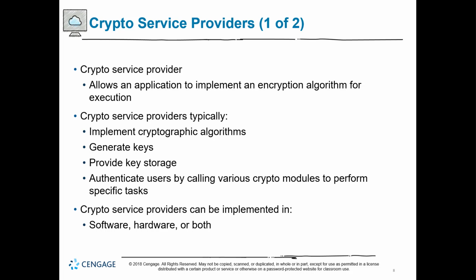They will help generate the keys, provide key storage and distribution, and authenticate users by calling various crypto modules to perform specific tasks. Again, this is all generated through the algorithm and its functionality and modularity. The crypto service provider is implemented through software, through hardware, or a combination of both. So it really just depends.